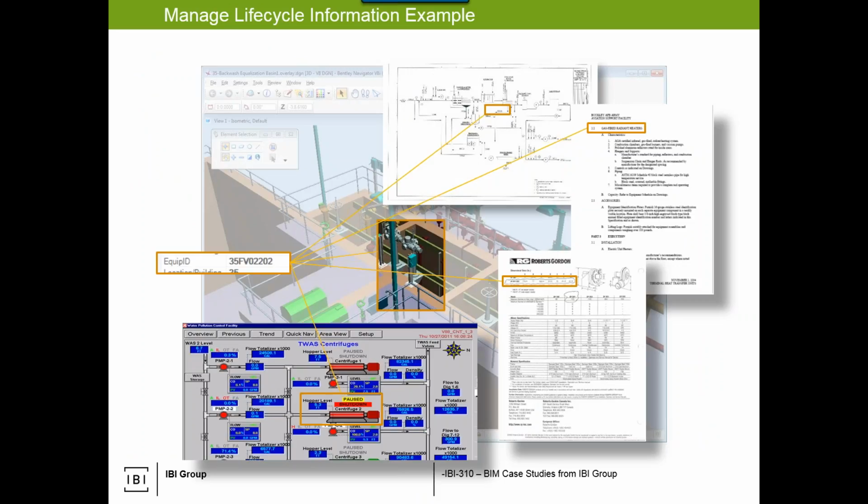We can manage life cycle information, and that's a matter of understanding what our assets are, what we are modeling, and where all the information pertinent to that single asset is, when it is going to come throughout the life cycle of a project, and how it is all coming together and being portrayed and delivered to the stakeholder or the consumer of the output.